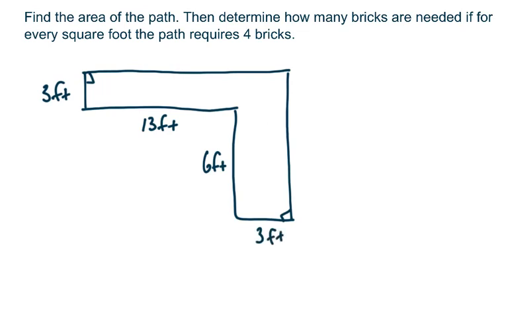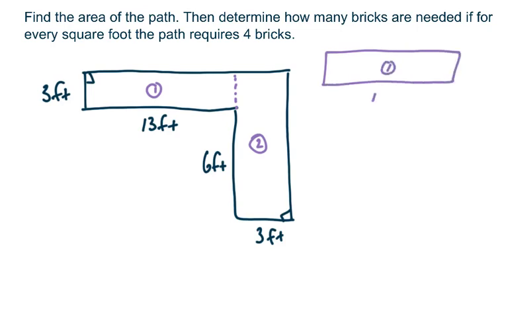So first of all, I want to find the area of the path. So there is no special formula for this odd shape. So I'm going to cut this into 2 shapes that I am used to working with, which would be 2 rectangles. So I have the first rectangle, I'm going to label it number 1, and this is going to be my number 2 rectangle. So the first rectangle's dimensions, I'm going to draw it out here.